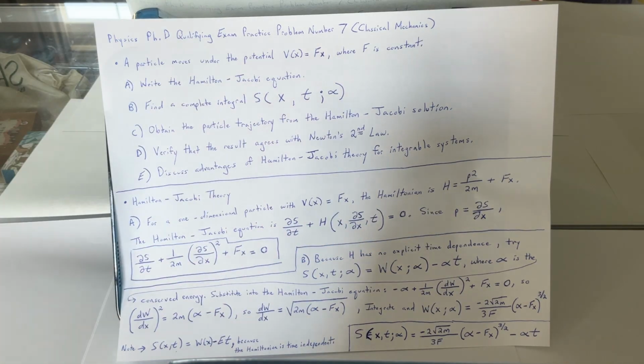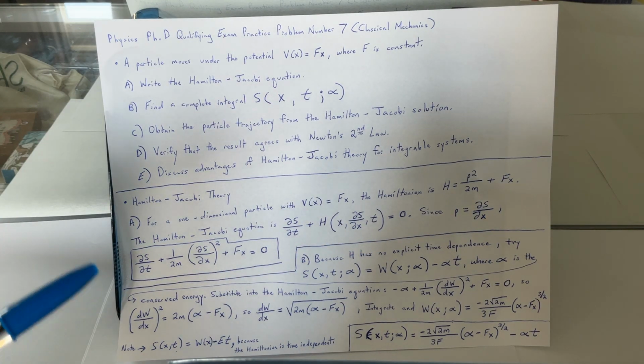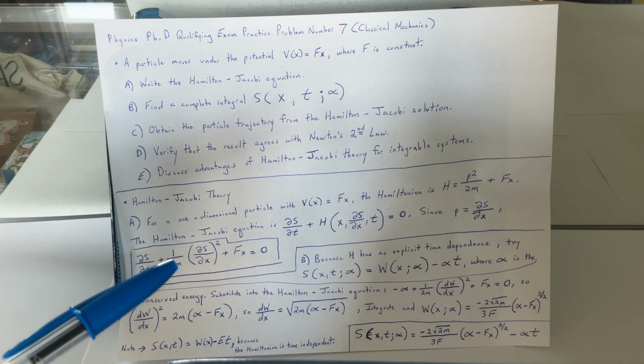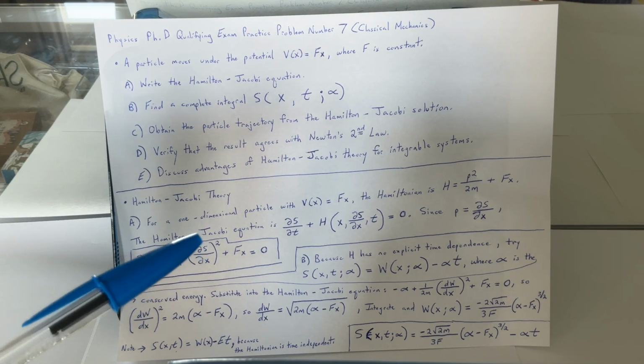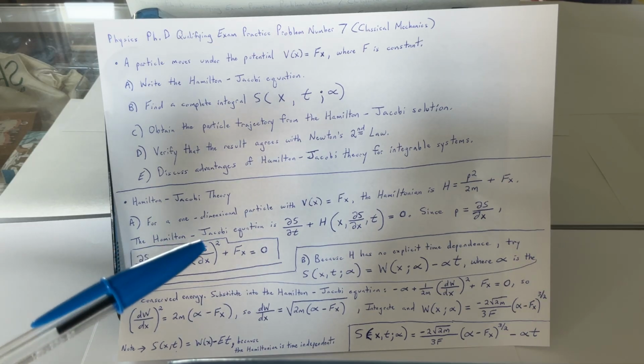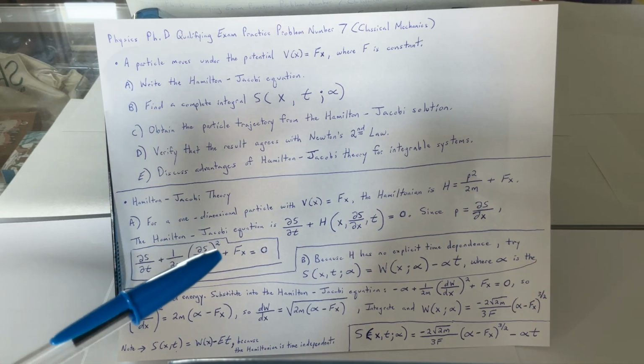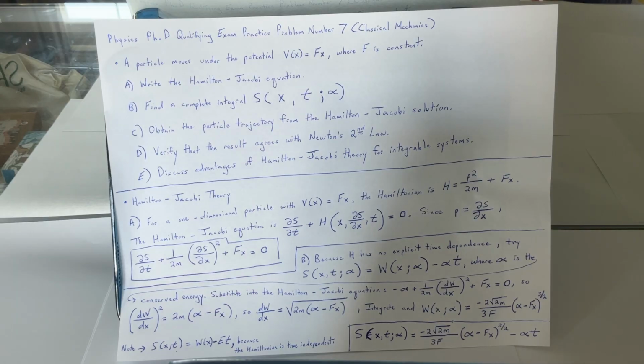Since p = ∂S/∂x, we can say ∂S/∂t + (1/2m)(∂S/∂x)² + Fx = 0. So that is part A.